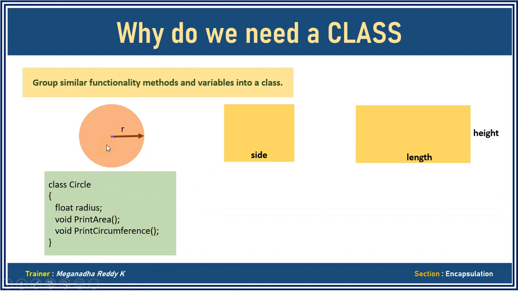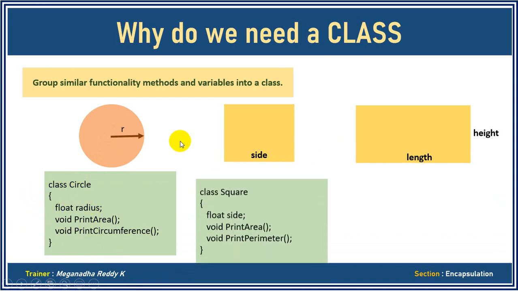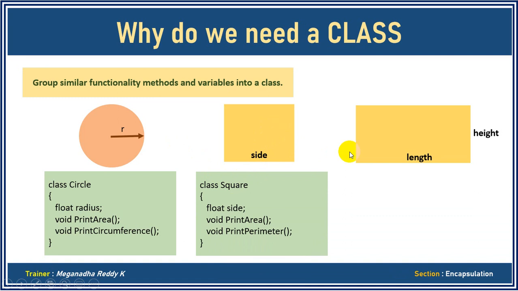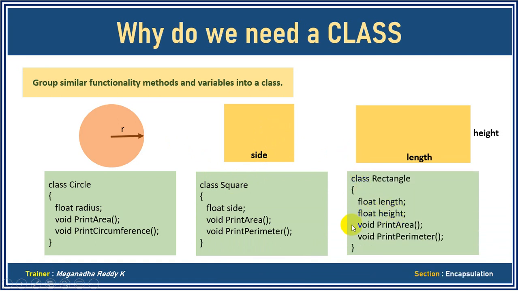Anything you want to deal with a circle, you call this class. Similarly, class Square deals with squares, and class Rectangle deals with rectangles. We grouped all the variables and methods that deal with the circle, the square, and the rectangle into their own classes. So we made three classes here.